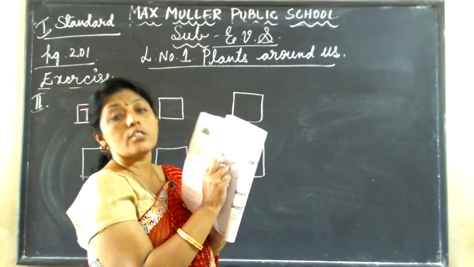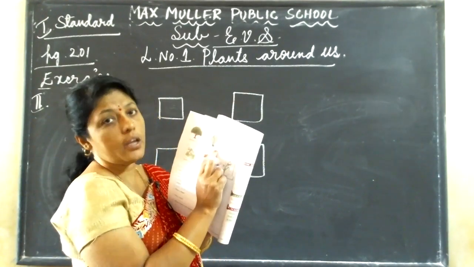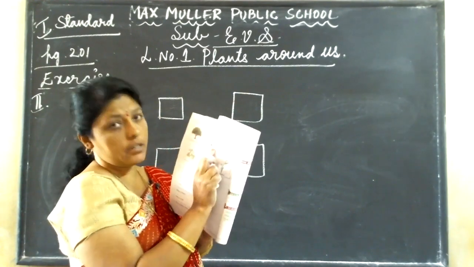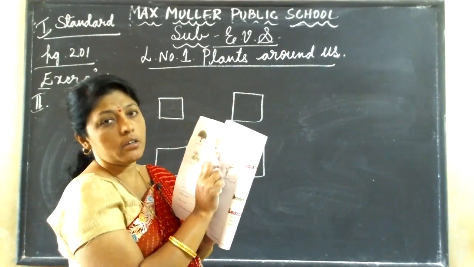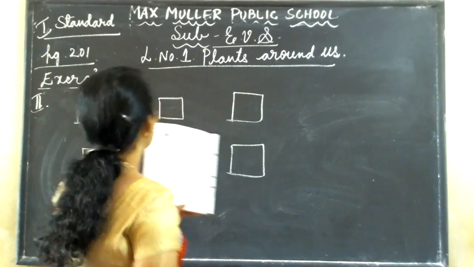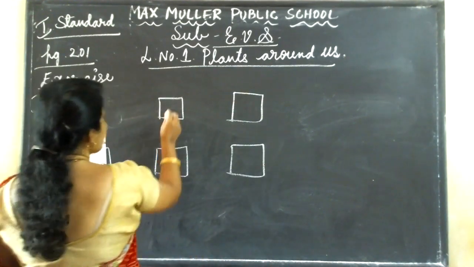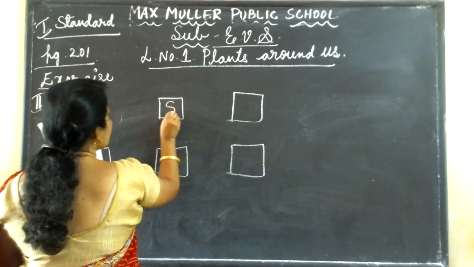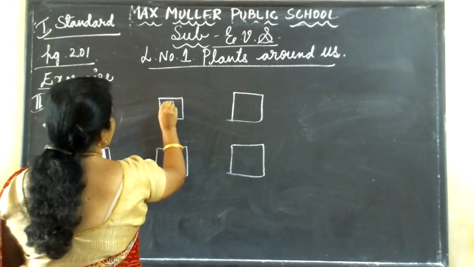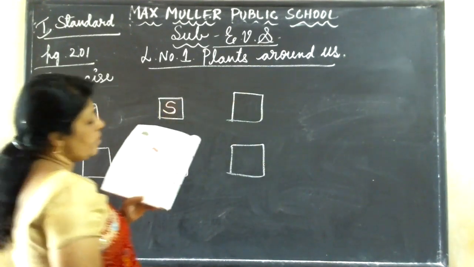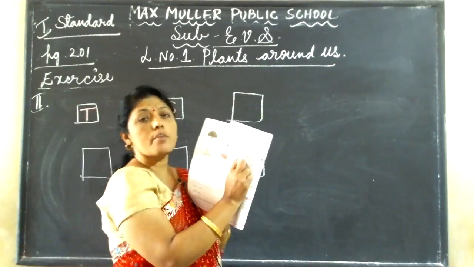It's small and bushy. The stems are weak, but it's a bushy plant, very small also. Small and bushy plants we call shrubs, right?